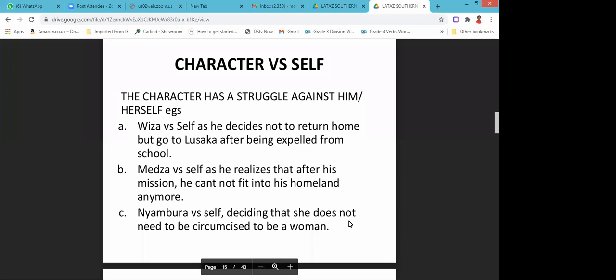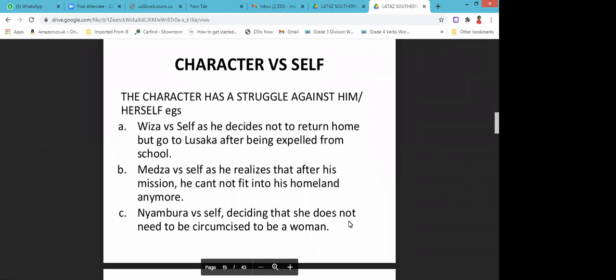So he decides to leave along with his cousin, Zambo. In the third example, you have Nyambura versus herself. She decides not to get circumcised in order to be considered a woman in her society. And that is because she had seen her own sister, Utoni, die from an infection after circumcision.